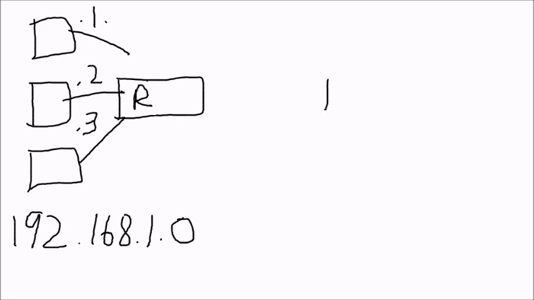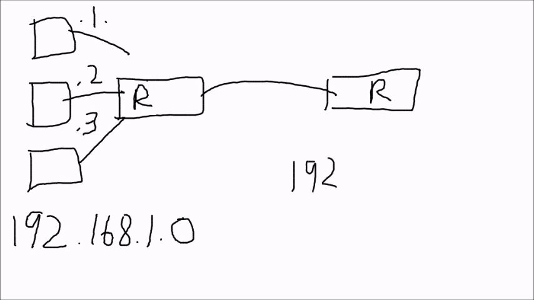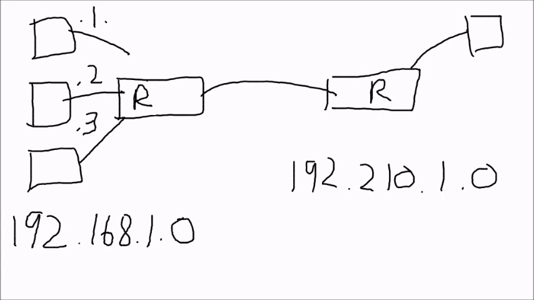So we have another router over here, which represents another network. We connect router 1 to router 2, and the difference in this case is that this network, where the hub is switched to a router, is 192.210.1.0. Okay? And it has some computers connected to it, or maybe it's connected to another router. It doesn't matter.